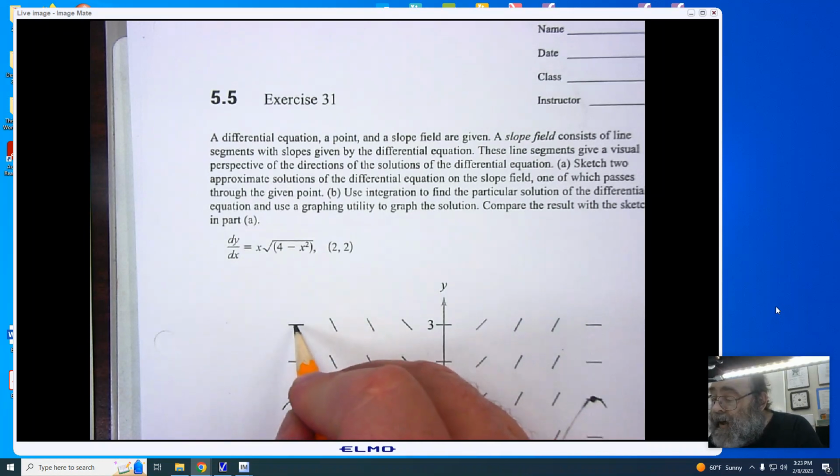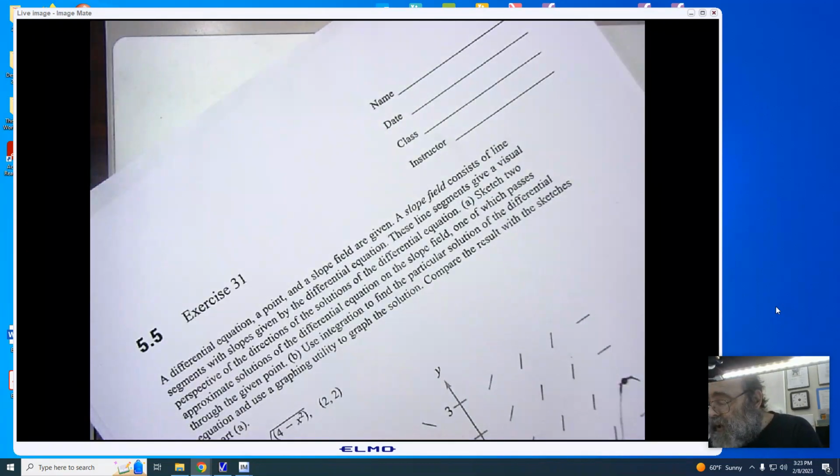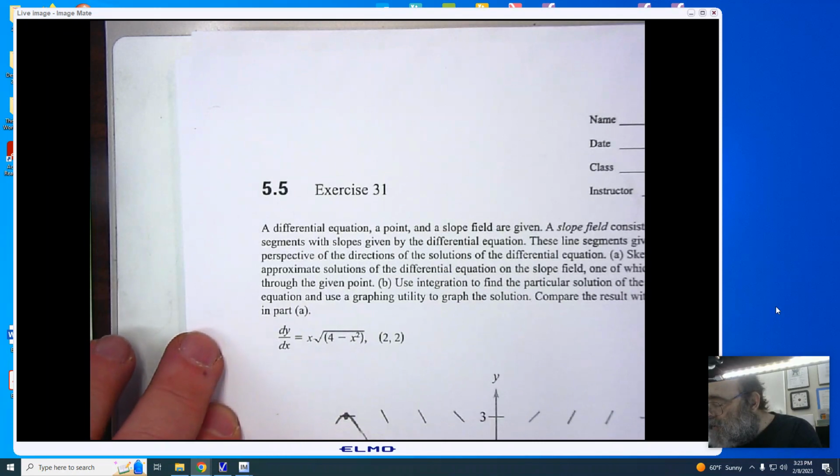Let's go ahead and choose a point up here. There's my point on that side. Start with the tangent line, making a tangent, then curving down, curving across, coming flat, so it's parallel to that.